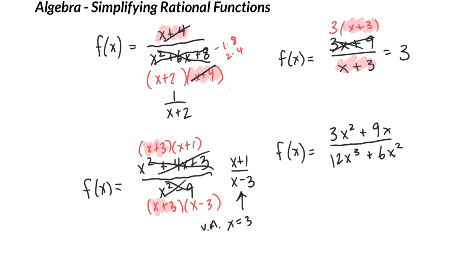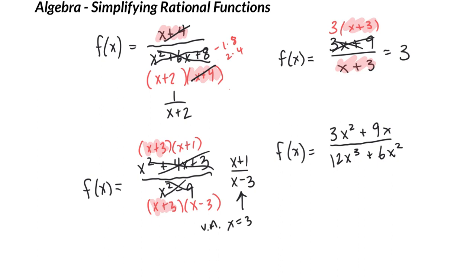Finally, the hardest thing to factor, I think, is when we have x's and numbers and everything. So let's look at an example of that. On the numerator, you can see that every term has an x, but every term is also divisible by 3.